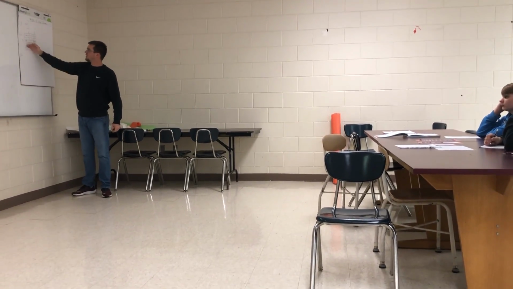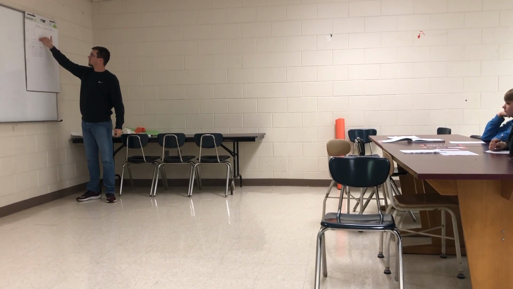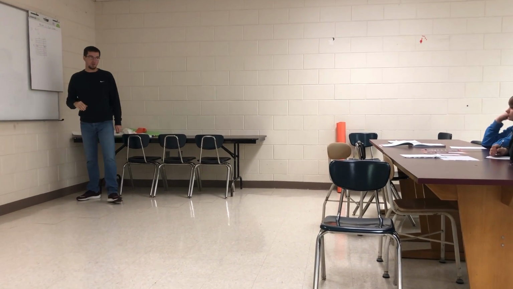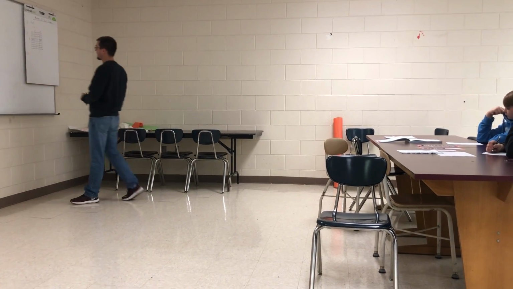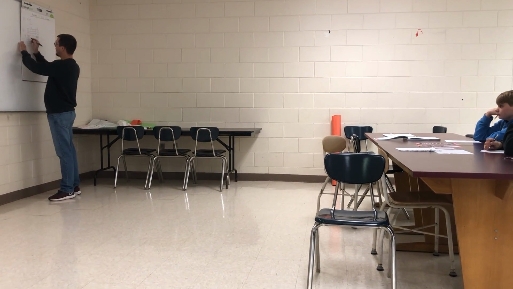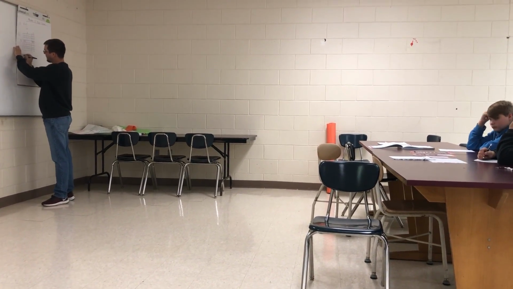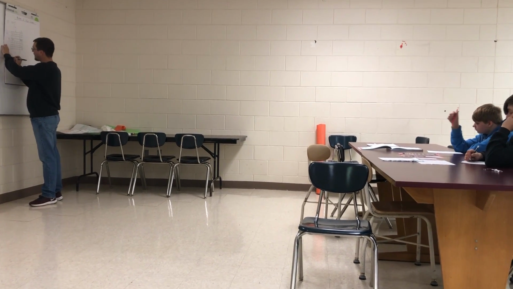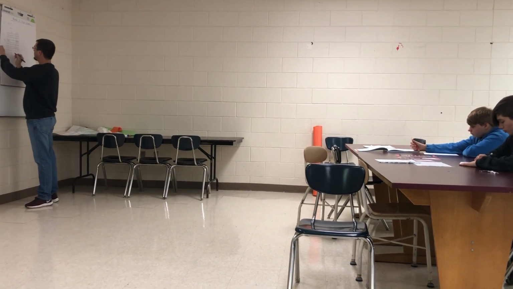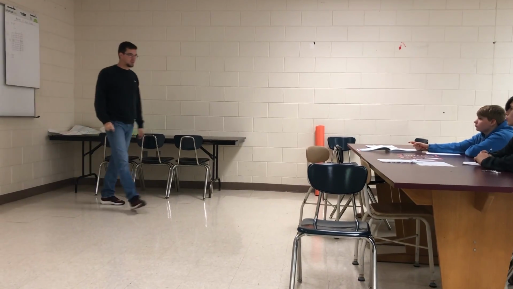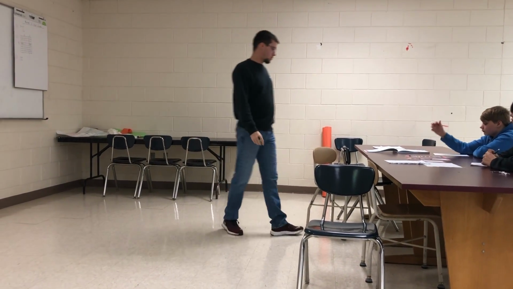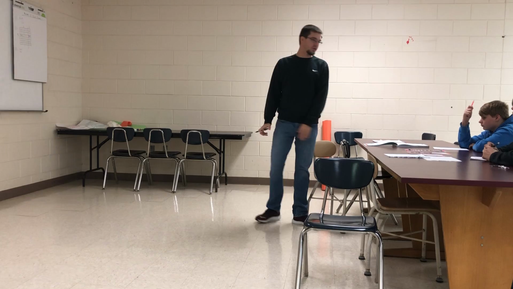We've got a large rectangle and a smaller rectangle, okay? We want to find the product for both rectangles, okay? So my first equation is what? 8 times 5. My second equation is what? 8 times 2. Okay, and now we just want the answer for those.